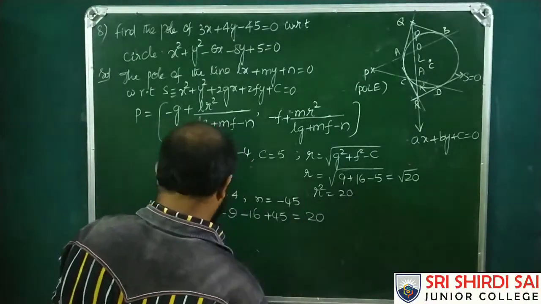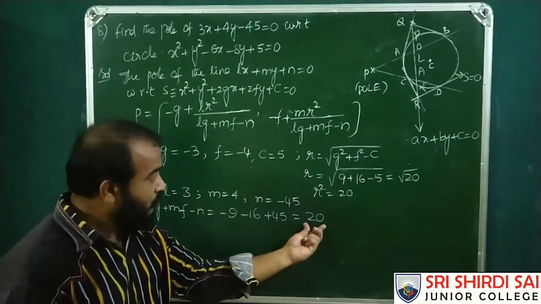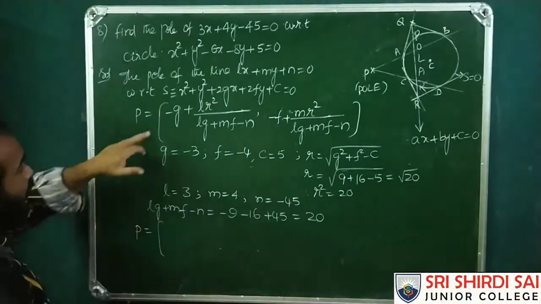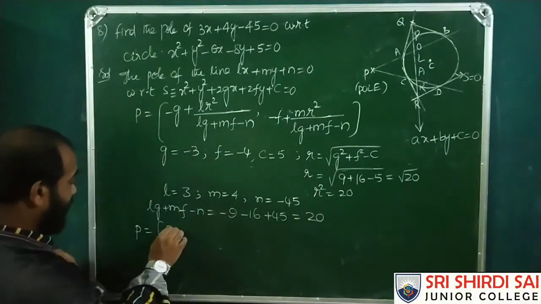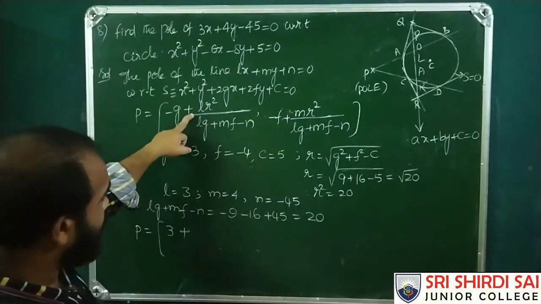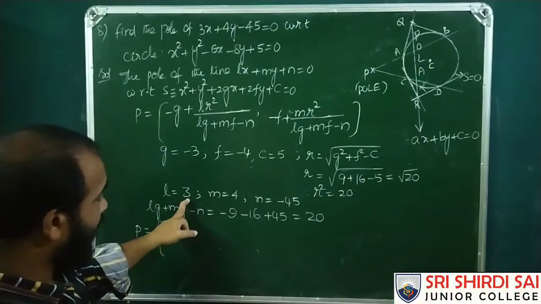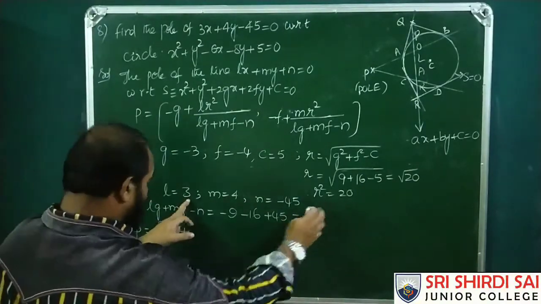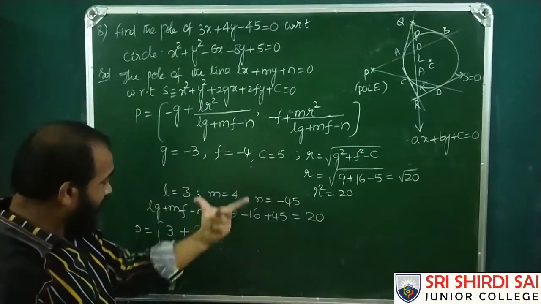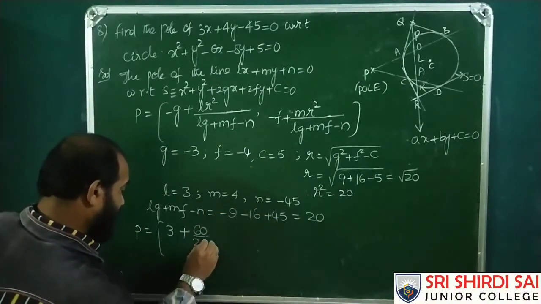So this is 20. Now P equals, what is minus g? Minus of minus, plus 3, plus l r square: l is 3 into r square which is 20, 60, by 20.